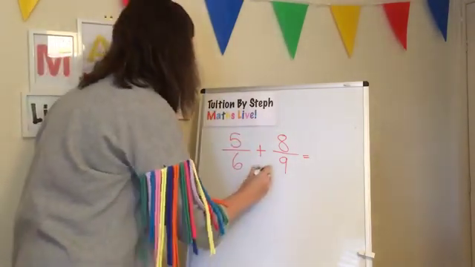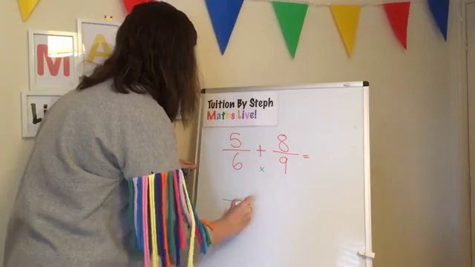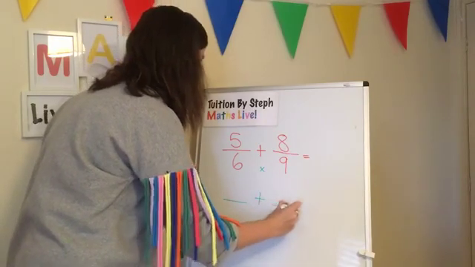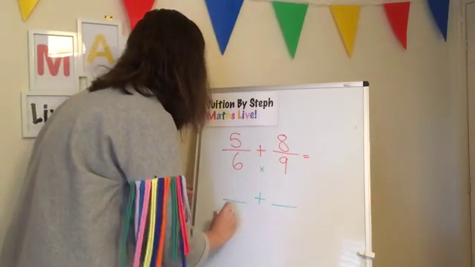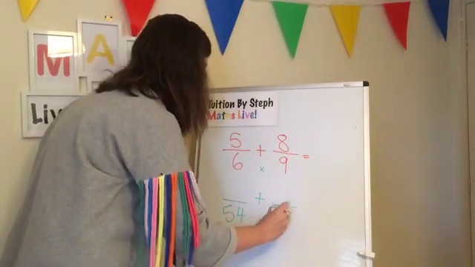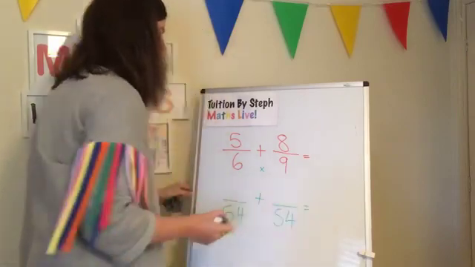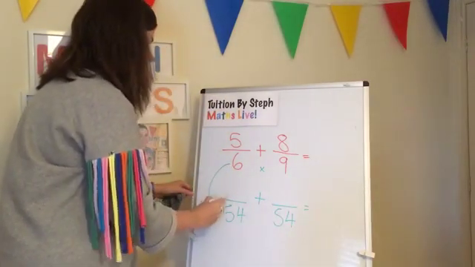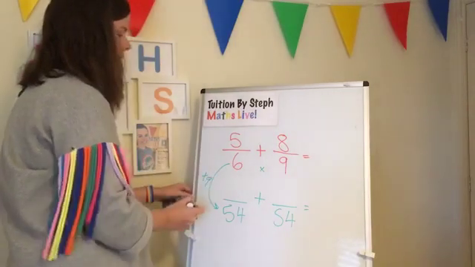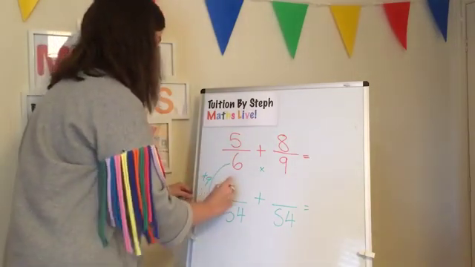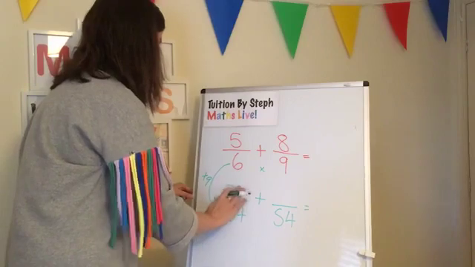So you times these two together. 1 9 is 9, 2 9s are 18, 3 9s are 27, 4 9s are 36, 5 9s are 45, 6 9s are 54. So you need your times tables. What did you times 6 by to make it 54? Times it by 9. So 9 5s, 45.